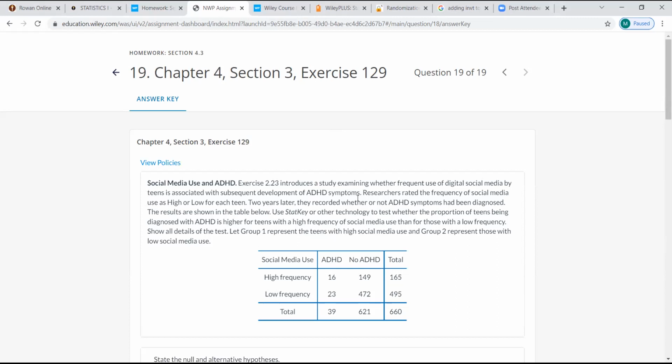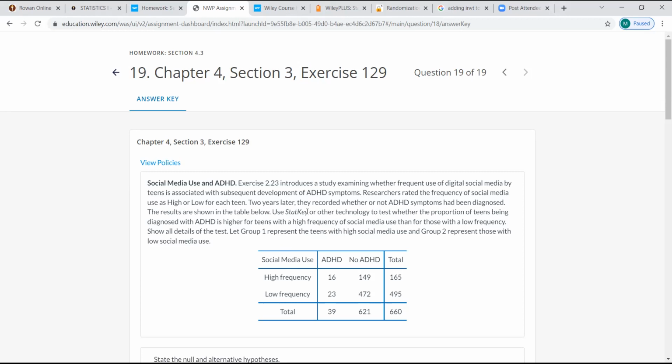All right, so they're referring to an exercise that was done back in chapter 2. It's a study of whether frequent use of digital social media by teens is associated with the development of ADHD symptoms. Researchers rated the frequency of social media use as high or low. So here it is, high frequency, low frequency.